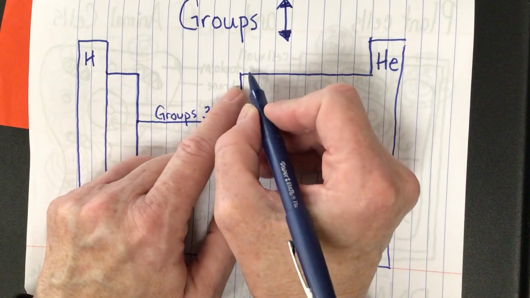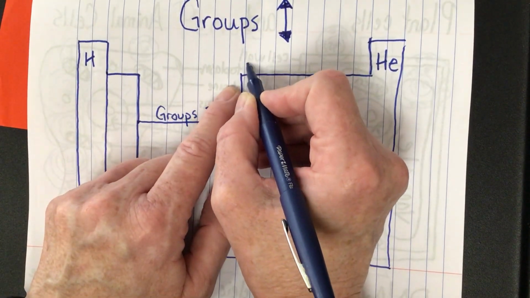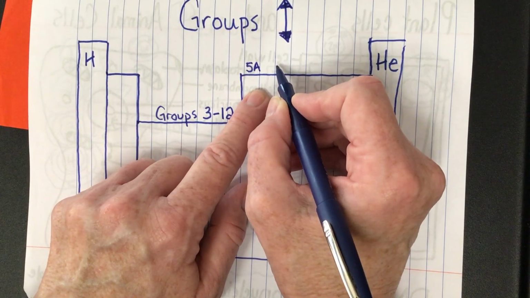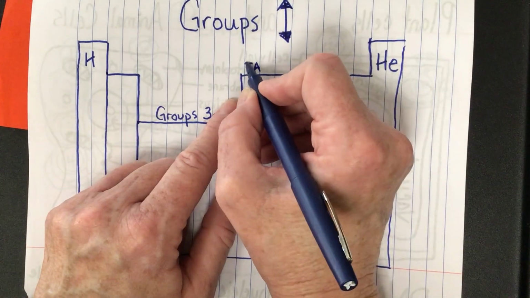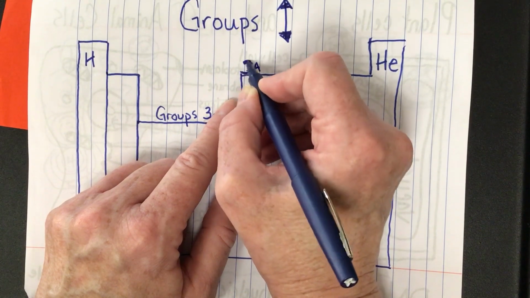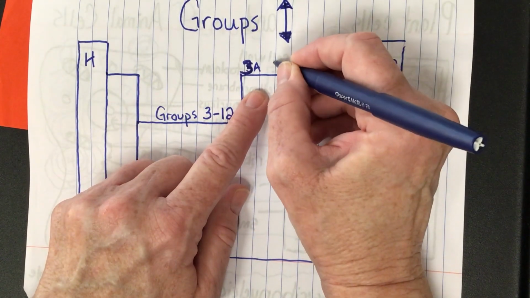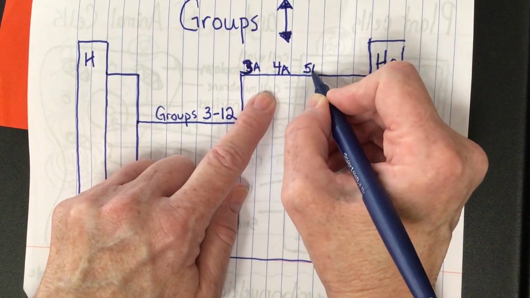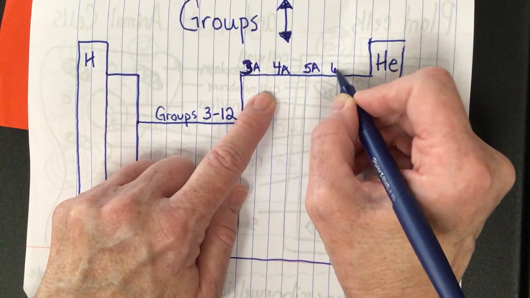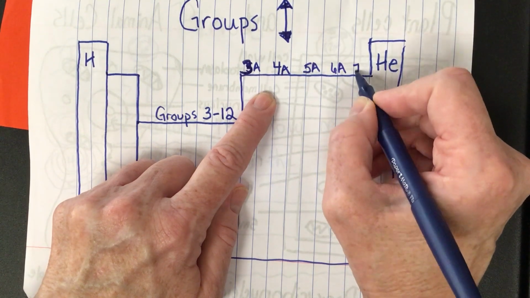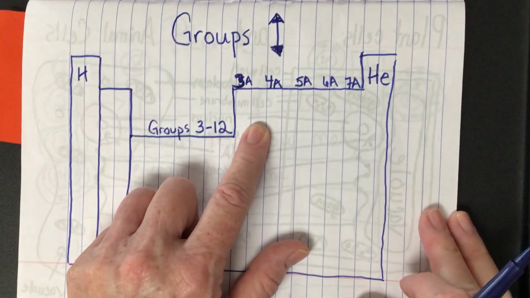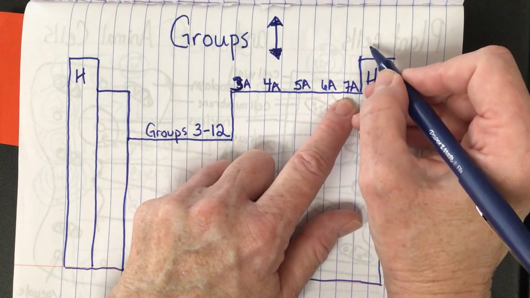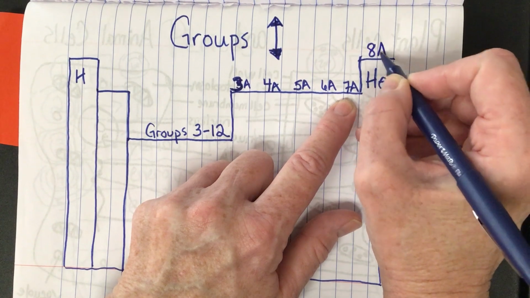This one's 3A, then 4A, 5A, 6A. I'm running out of room. This is 7A, and this will be 8A.